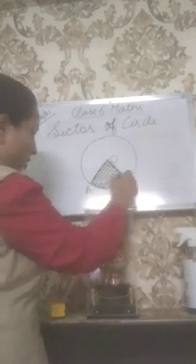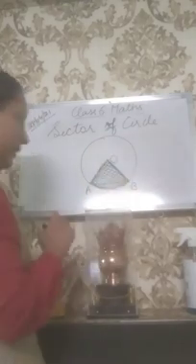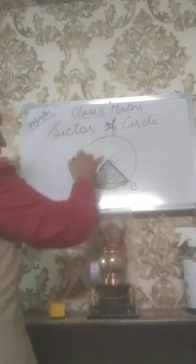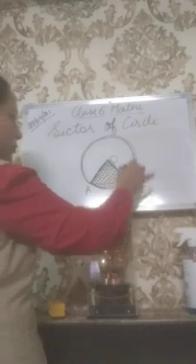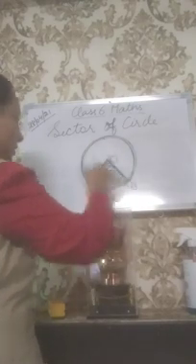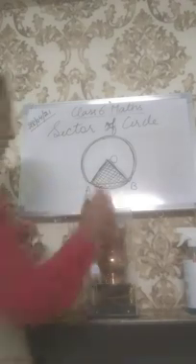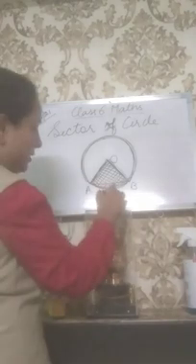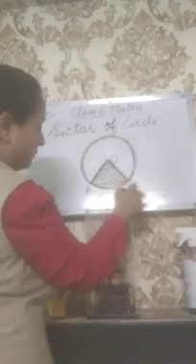This smaller one. And what about this one? This is also a portion of the circle. This is also a sector of the circle. So, the smaller one is known as the minor sector. And the bigger one is known as the major sector of the circle. Do you understand this? Okay.